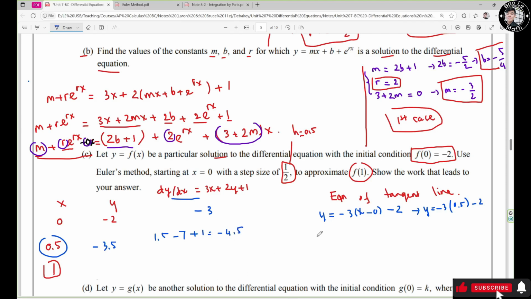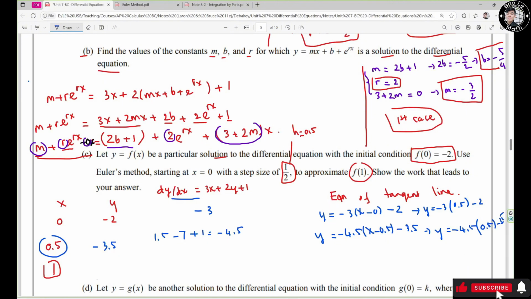Now y equals negative 4.5 times s minus 0.5, minus 3.5. I substitute 1 for s, so it's going to be y equals negative 4.5 times 1 subtract 0.5 is going to be 0.5, subtract 3.5.